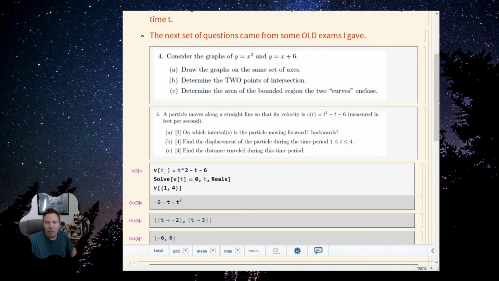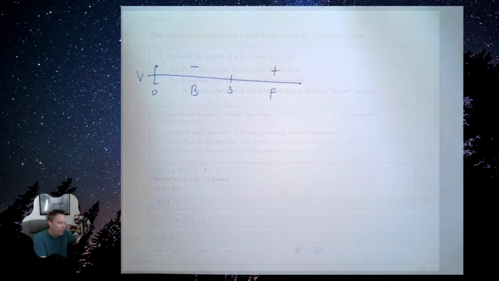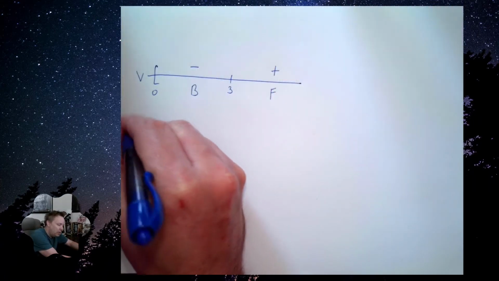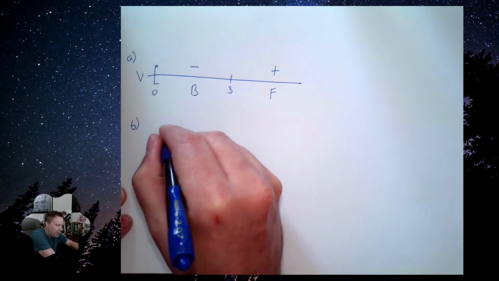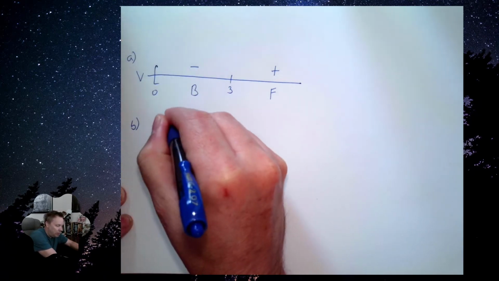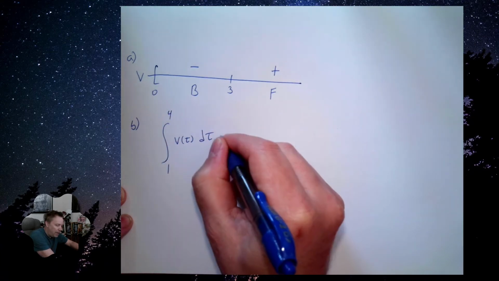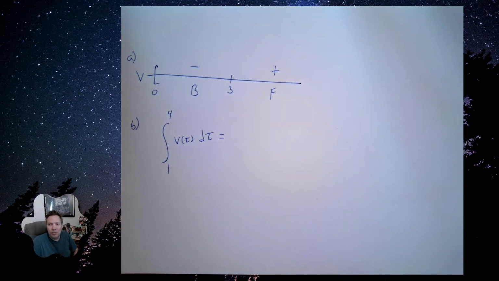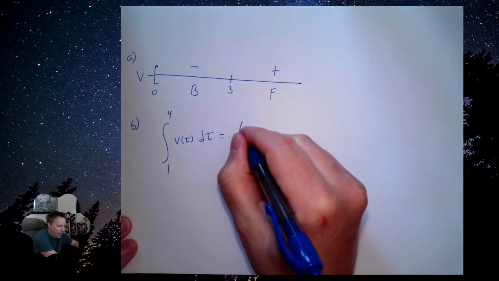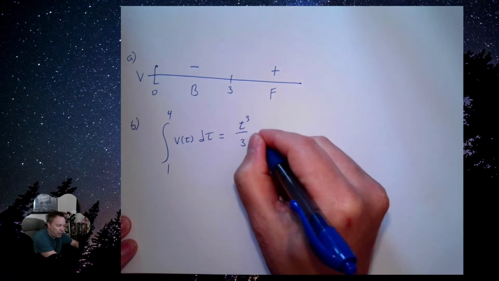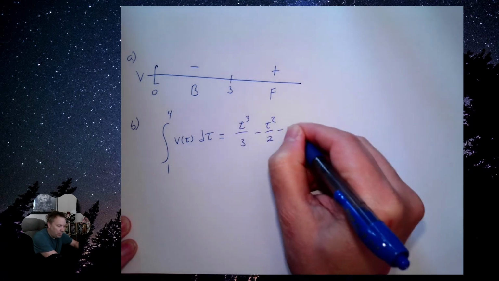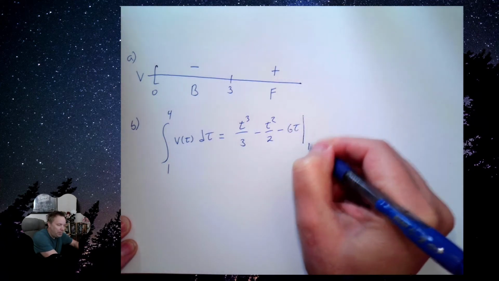Now the displacement of the particle during the time period between 1 and 4 really entails computing an integral. So let me write that down. So part B, well, this is part A. Part B is really asking us to compute this. There are various ways to do this. Doing this by hand, I get t cubed over 3 minus t squared over 2 minus 6t evaluated between 1 and 4.